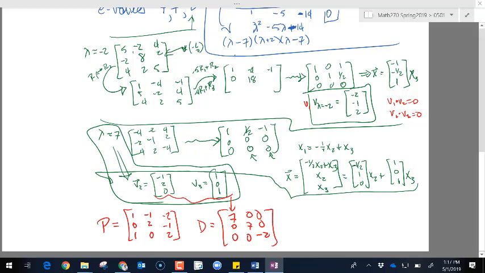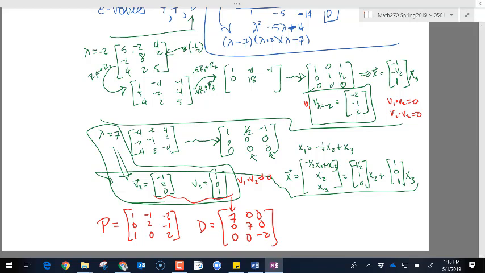Now, V2 and V3 are from the same eigenspace, so we have to be careful. In this case, if we dot them, I get negative 1, 0, and 0. So they're not orthogonal.